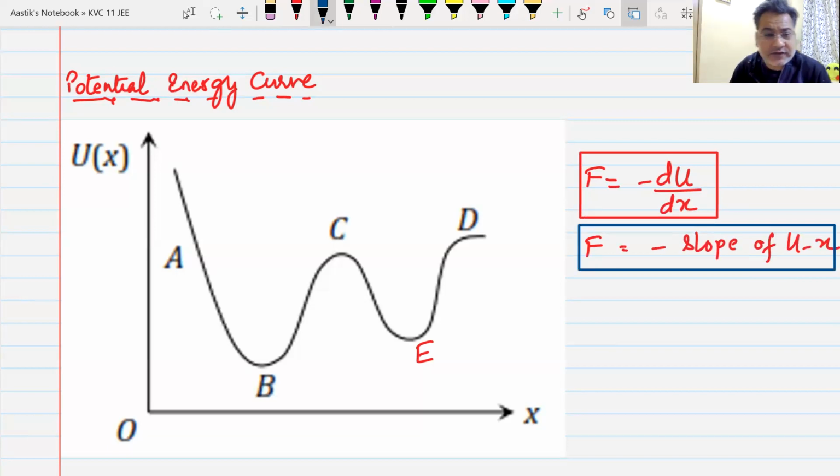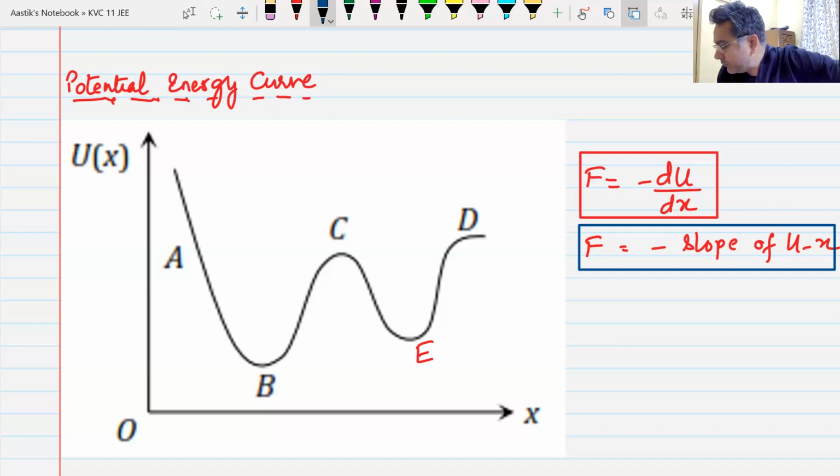You understand the meaning of derivative? Derivative means the slope of the curve. Force is the negative derivative of this curve.